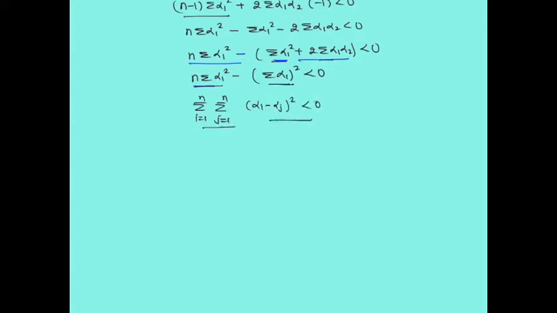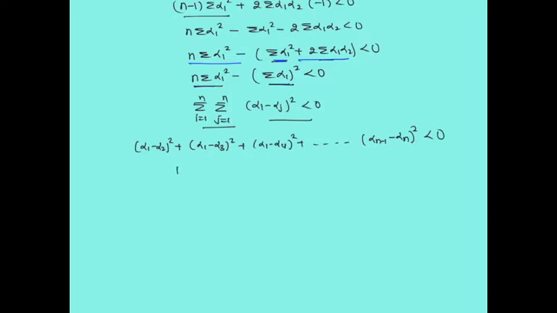So this equation we can write as alpha 1 minus alpha 2 whole square plus alpha 1 minus alpha 3 whole square plus alpha 1 minus alpha 4 whole square plus dot dot dot alpha n minus 1 minus alpha n whole square is less than 0.